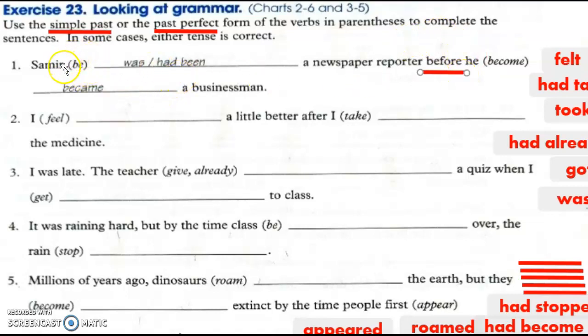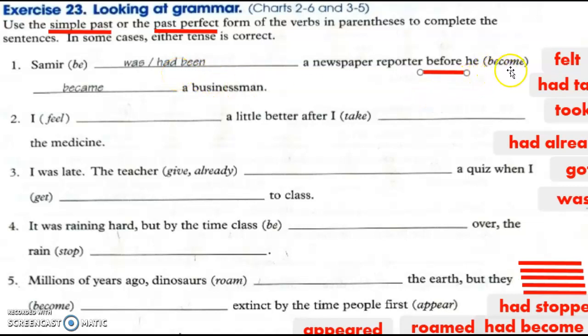Since the verb be is the oldest verb, we use it in the past perfect, had been. But since we have the expression of time before and the relationship between these two actions is very clear, we can use either the simple past or the past perfect, was or had been. Both are correct.